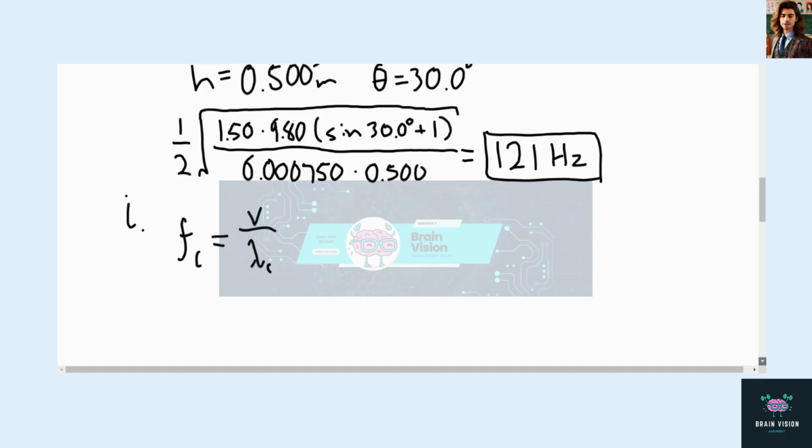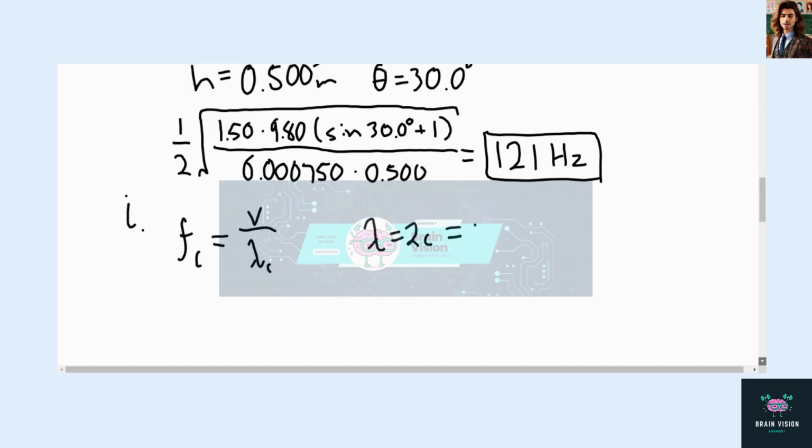We can still say that it's bound at both ends, and so it's going to have a node at both ends. It'll have a node at the pulley and where it's tied to the weight, so it'll still be twice the length, but now the length is C. But if we recall from earlier, lambda is equal to 2c, and c is equal to h over sine theta.